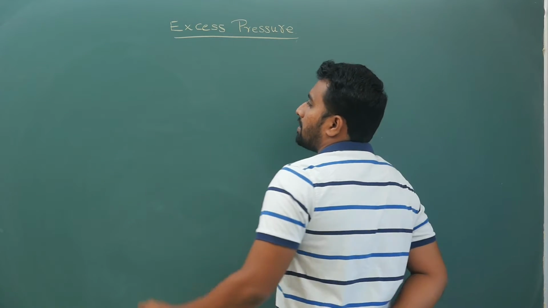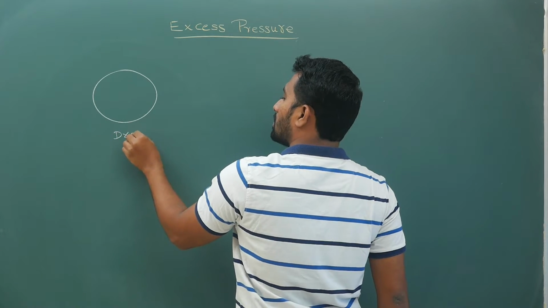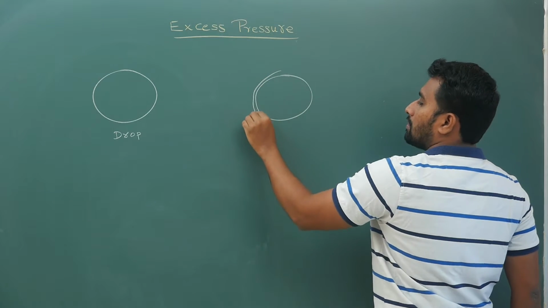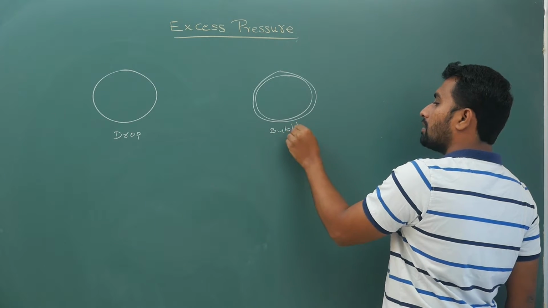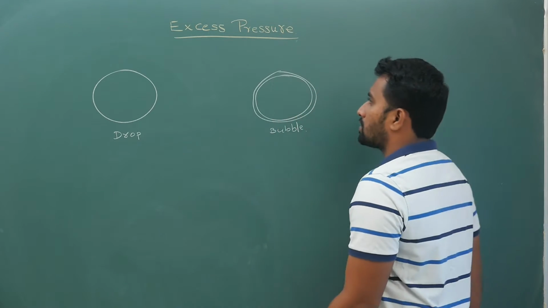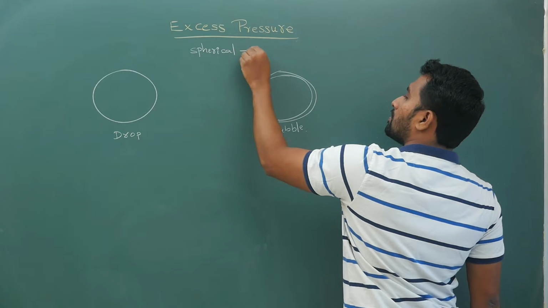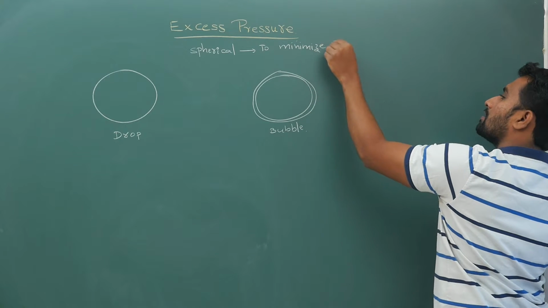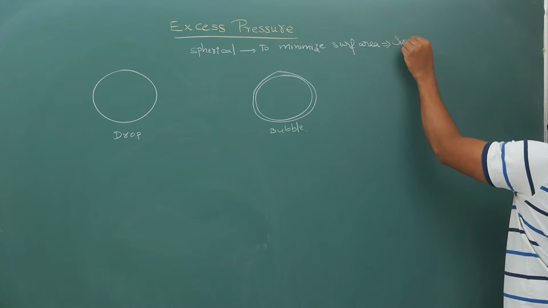Now, if you take a water drop, or a bubble, why are these spherical? Because of surface tension. They are spherical to minimize surface area.